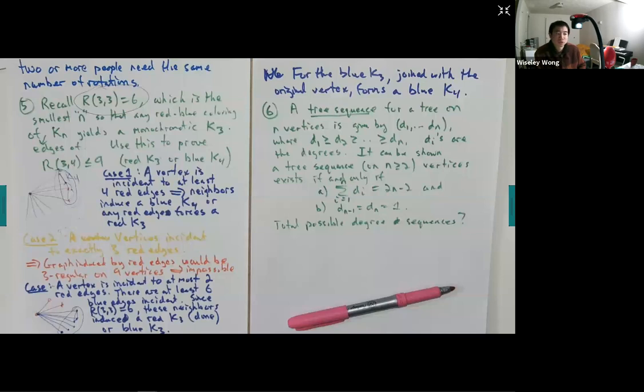I'm almost out of time here anyway. One thing you already know is that one of the conditions is that the last two numbers have to be 1.